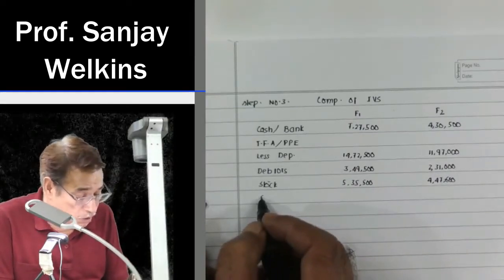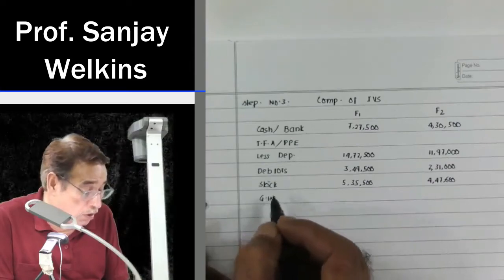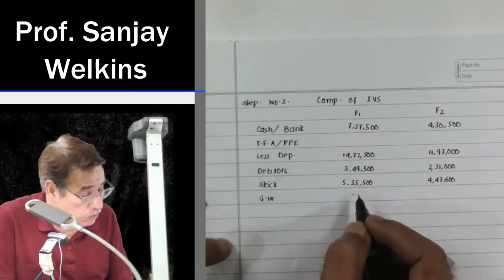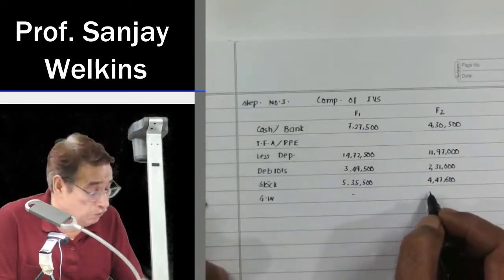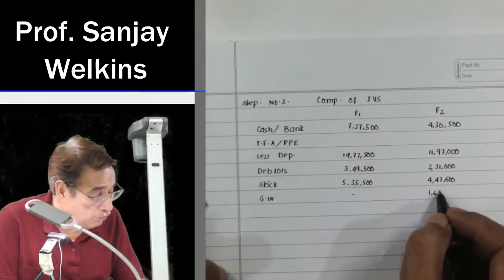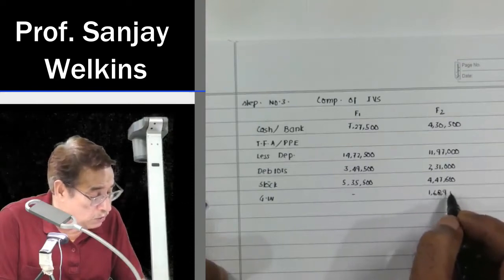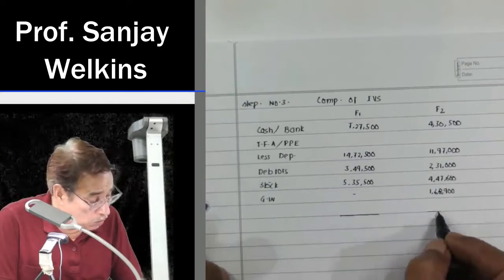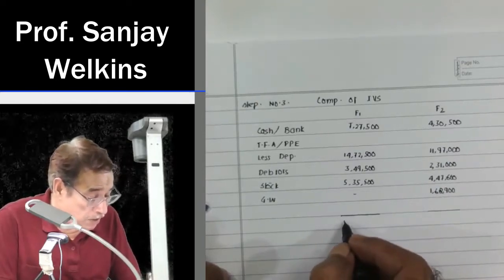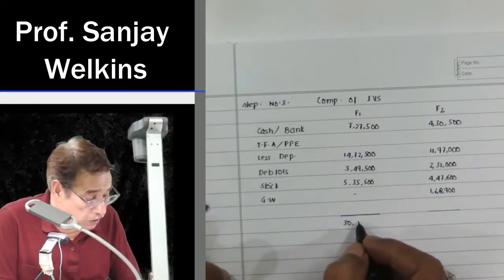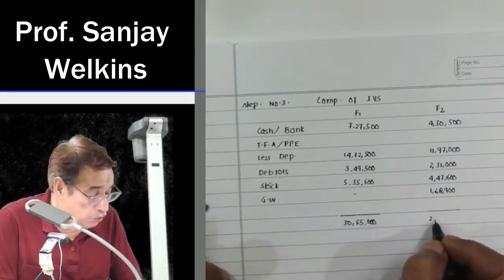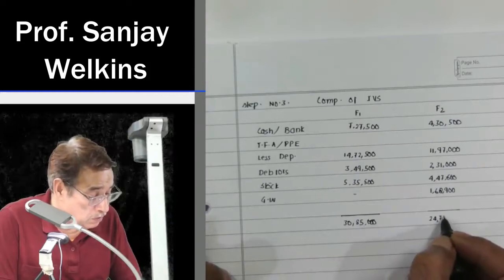Then don't forget to write goodwill, because cash balance we have already written. Goodwill of F2 Limited was valued at 1,68,900. So now you have to total all these items. When you total all these items, you will get 30,85,000 and 24,75,000.